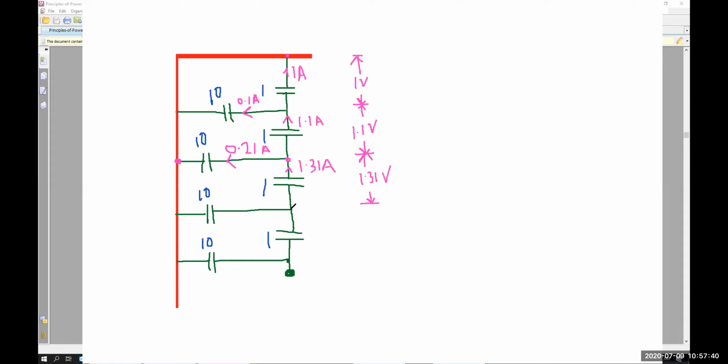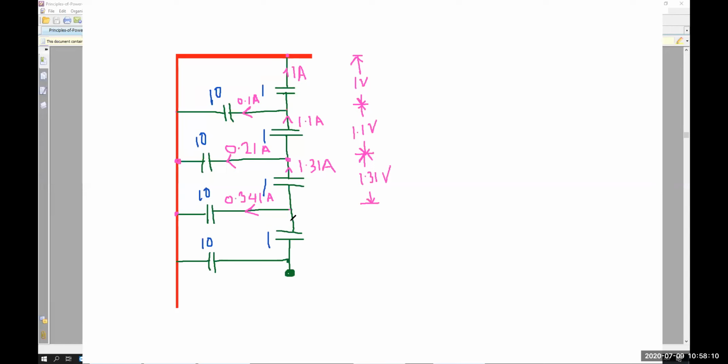Again, come here. What is the current here? At first, find out what is the voltage in between these two points. 1.31 plus 1.1 plus 1. So how much? 3.41, right? So 3.41 divided by 10, that is 0.341 ampere, right?